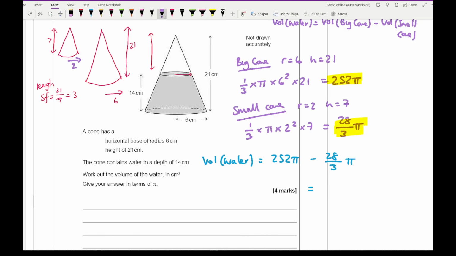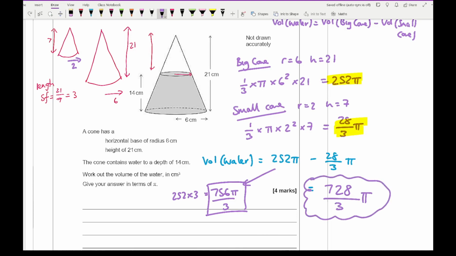So for example, 252 times 3 gives me an answer of 756, so it's going to be 756 pi over 3. That's what an equivalent fraction is going to be. So 756 take away 28 is 728, over 3 pi, and there is my final answer. And there we go.